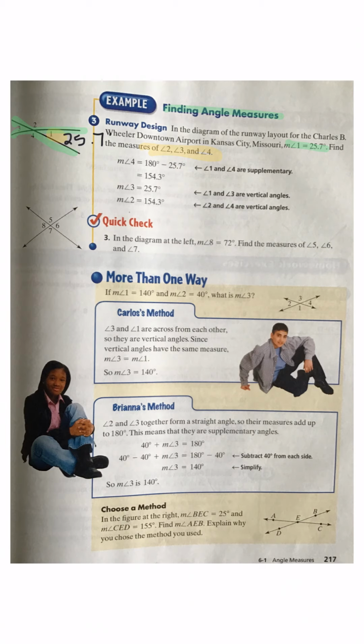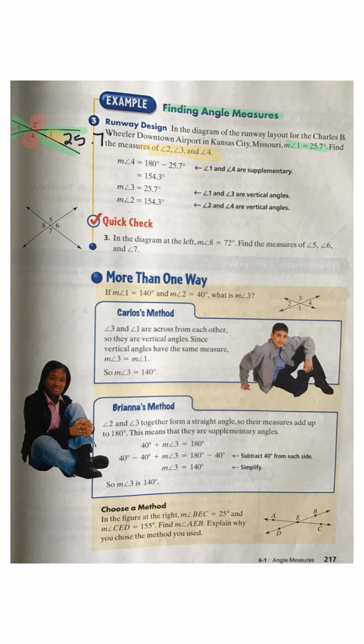We just learned that the angles opposite of each other have the same degree measurement. Therefore, whatever angle 2 is, it's going to be equal to angle 4.